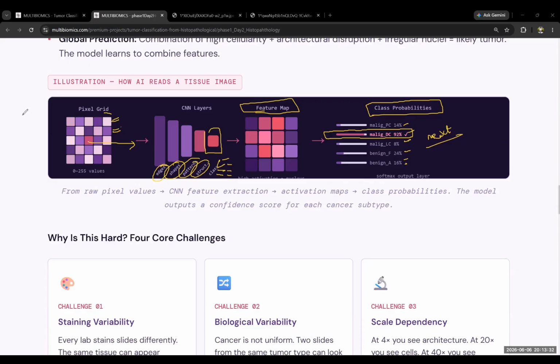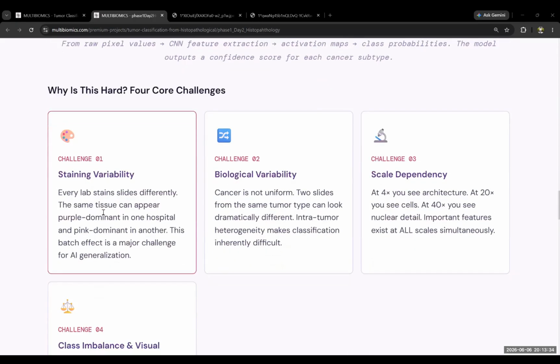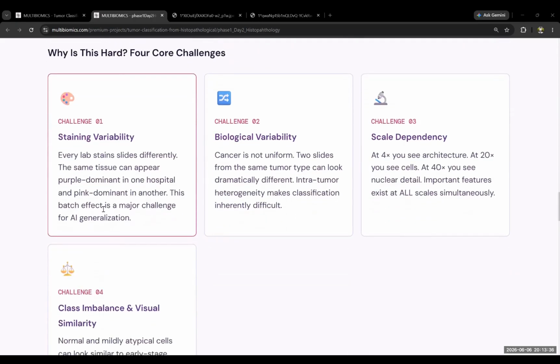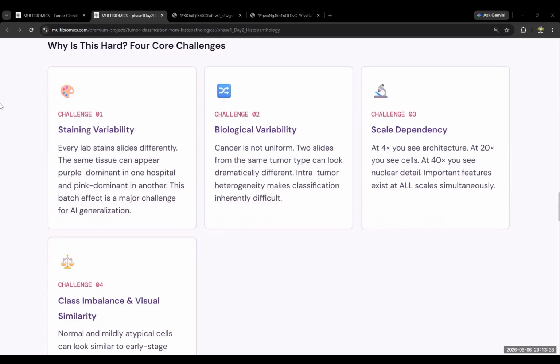Okay. Now, why is this so hard? This is not a simple problem. It is hard for biologists also, for computational biologists also. Why? First of all, in different labs, they might be using different chemicals from different batches, but even if you're using the same chemicals, every time you might stain the slide differently.